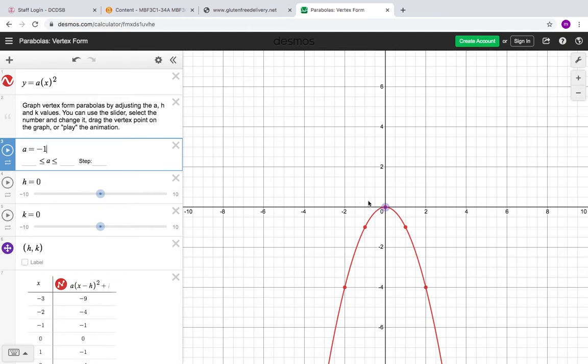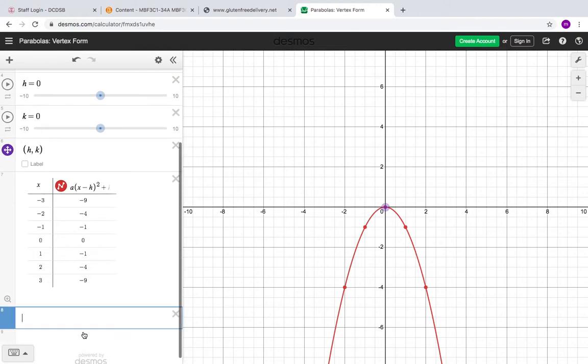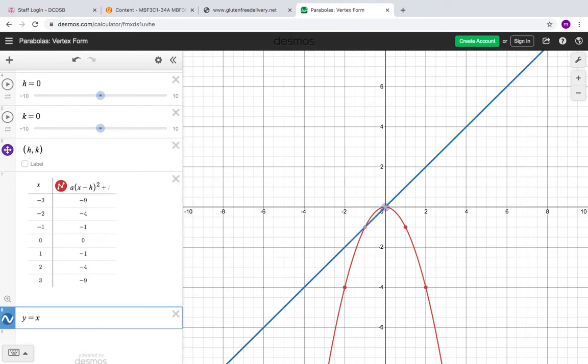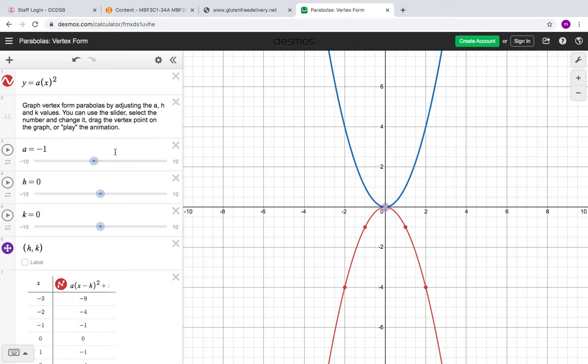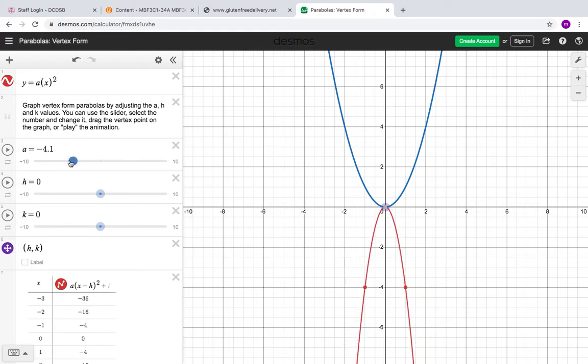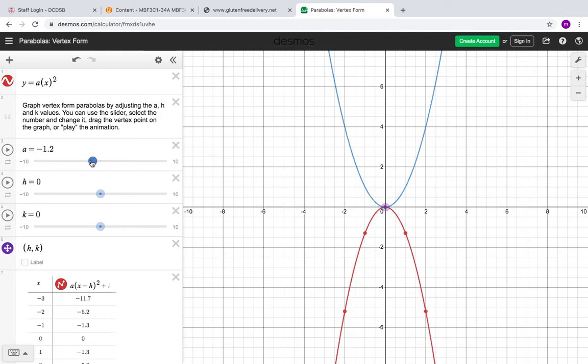If I graph y equals x squared in blue and y equals -x squared, you see that they are reflections of each other across the x-axis. As I go deeper into the negative, we see that it's still reflected, and I have a skinnier graph, but going in the negative direction.